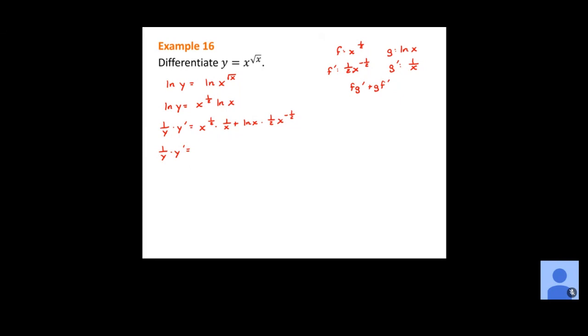So we basically have x to the 1/2 over x. You could write it that way, square root of x over x. Or I was going to try to combine the x's here. So if you have an x to the 1/2 on top and an x on the bottom, if we subtracted those, what would that give us?